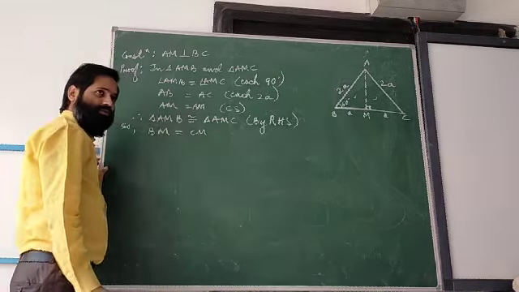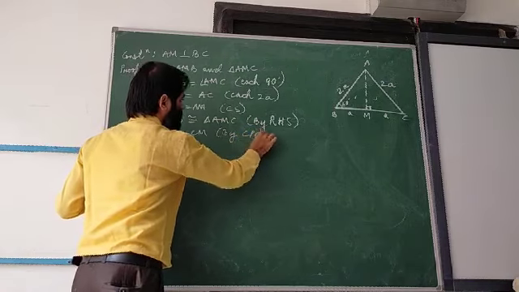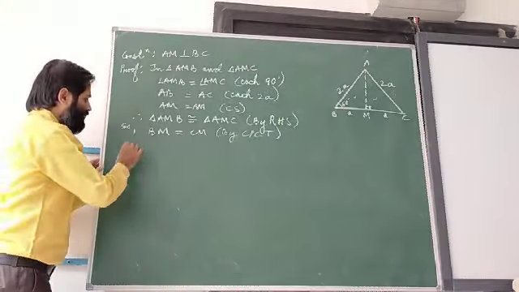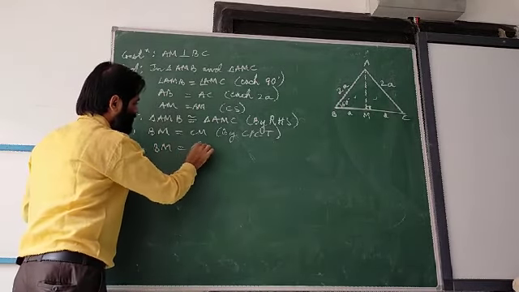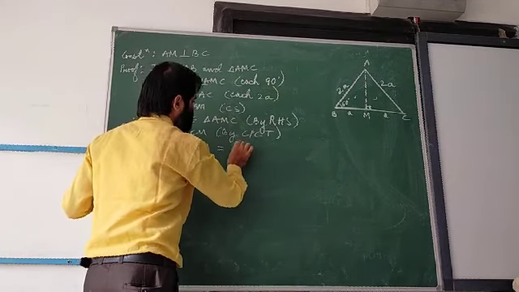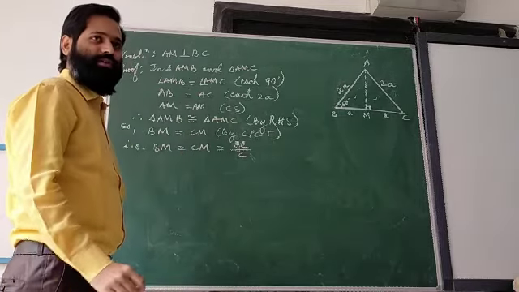Yes or no? Yes. Why? By CPCT. If they are congruent and they are equal, can I say that BM equals CM equals AB by 2? Sorry, BC by 2? Half of BC or not?